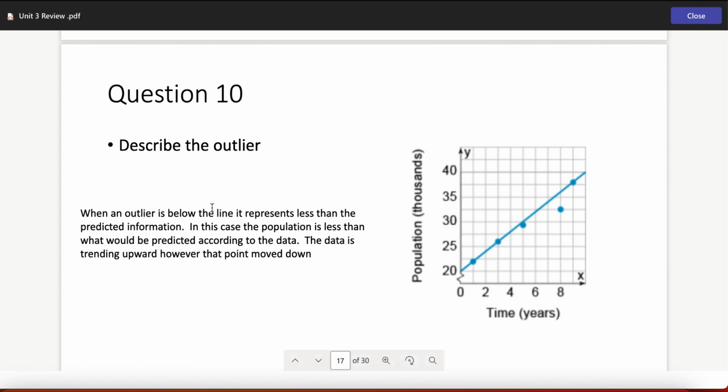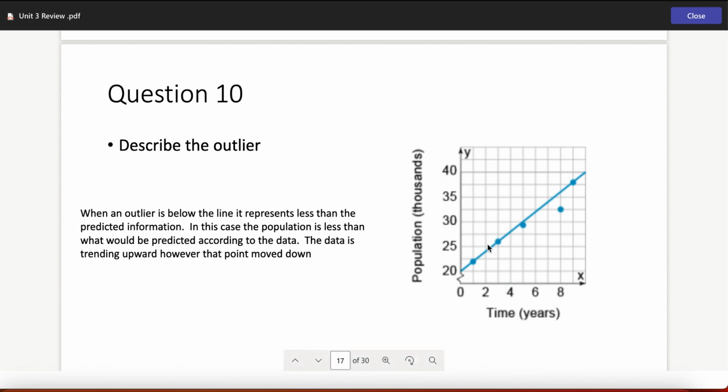When an outlier is below the line, it represents less than predicted information. In this case, the population is less than what will be predicted according to data. Data is trending upward, however the point is moved down. So this is basically going in a positive direction, but the outlier is right here.